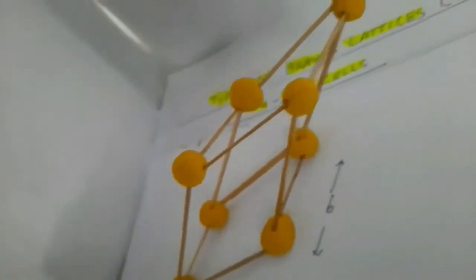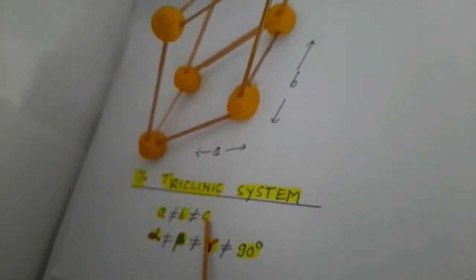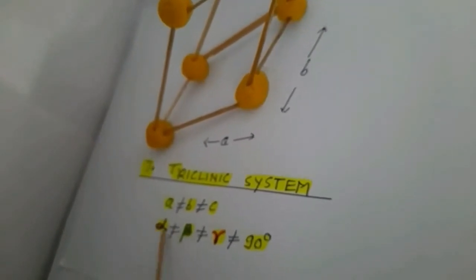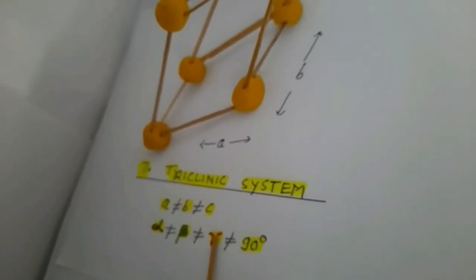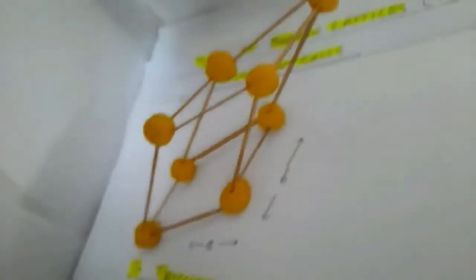Now, this is an example of the seventh crystal system, which is known as the triclinic crystal system. Here all the three sides are different from each other, and all the three angles, alpha, beta and gamma, are also different from each other, and they are also different from 90 degree.